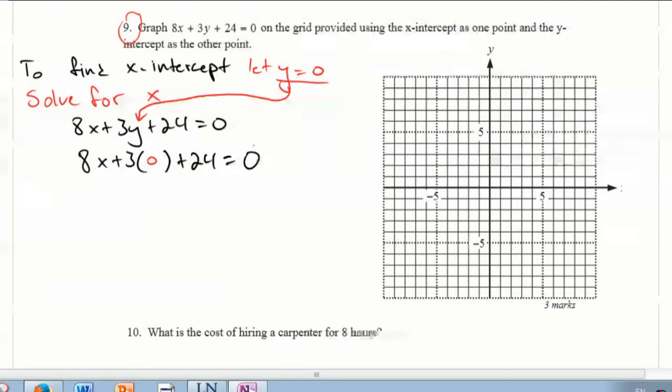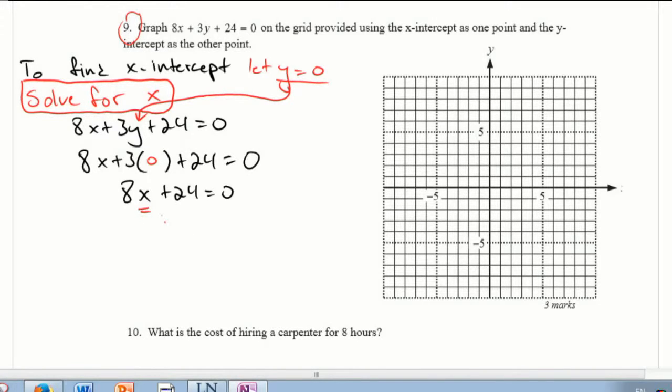Doing the multiplication in the middle, 3 times 0 is just 0, so I get 8x plus 24 is equal to 0. I'm just going to solve for x.